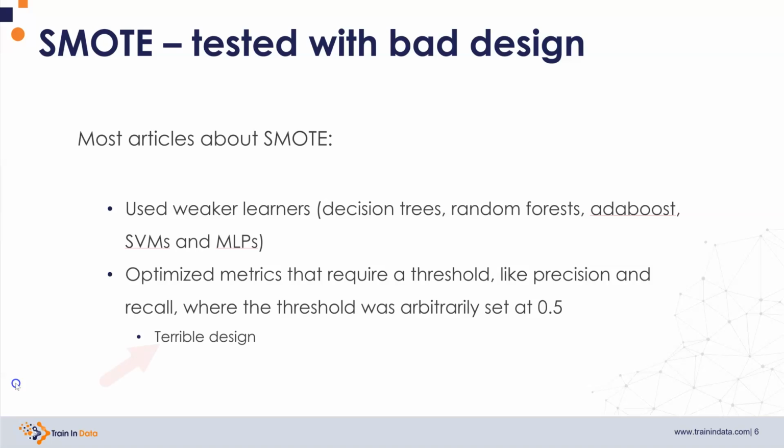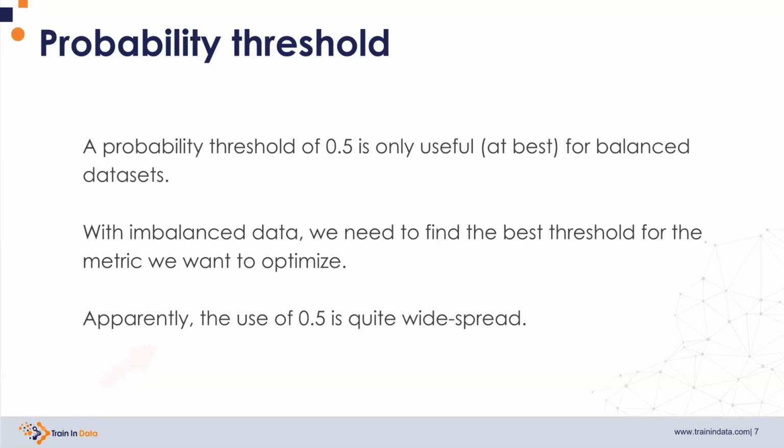And this is actually a very bad design because a probability threshold of 0.5 is only useful at best in balanced datasets. But when we work with imbalanced datasets, we usually set the thresholds at different values, and we will modify the threshold depending on whether we want to get more or less false positives or false negatives. So using a threshold of 0.5 is not actually suitable for imbalanced datasets.